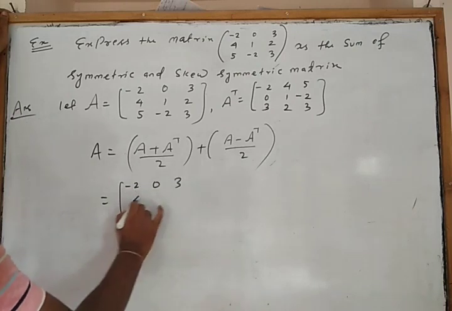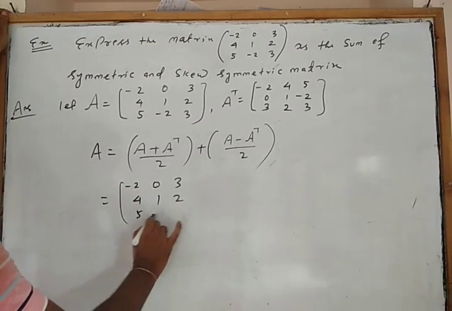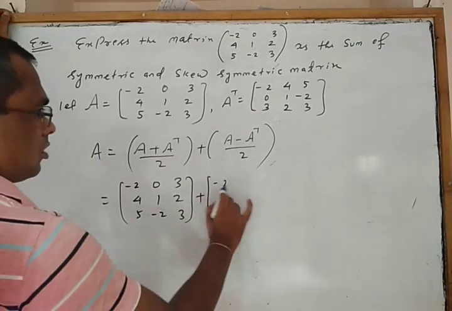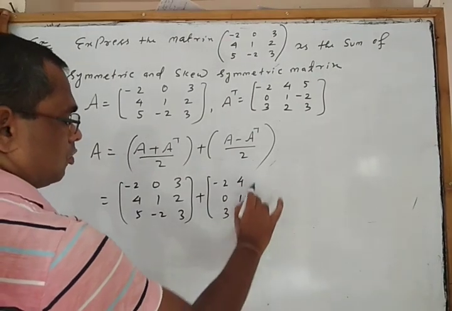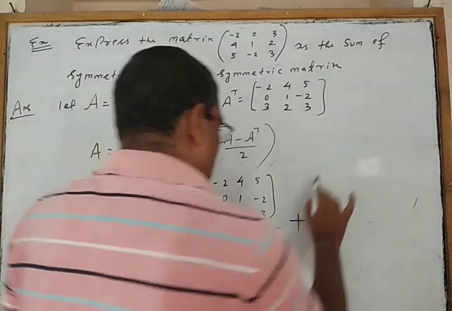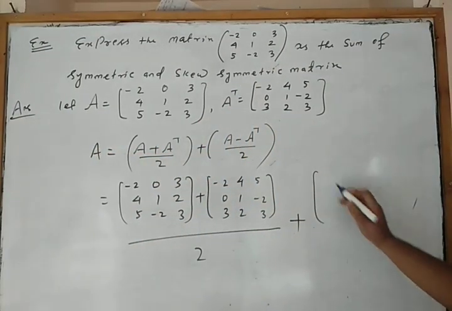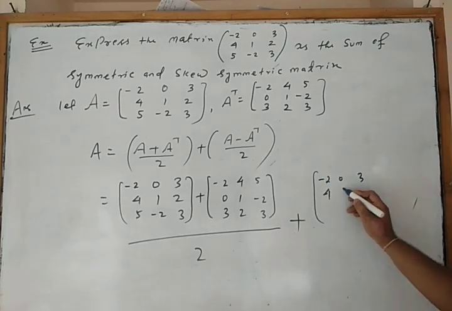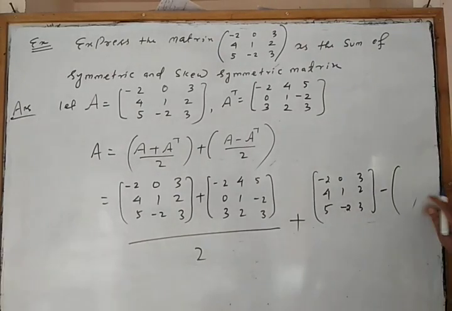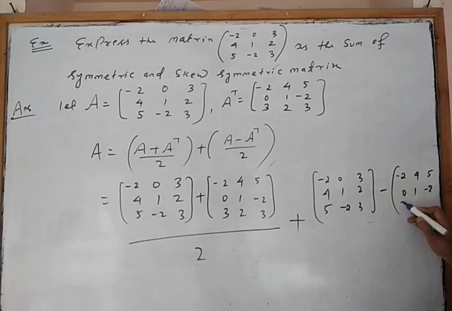A is -2 4 5, 0 1 -2, 3 2 3, and A transpose is -2 0 3, 4 1 2, 5 -2 3, all by 2; plus here A minus A transpose, by 2.